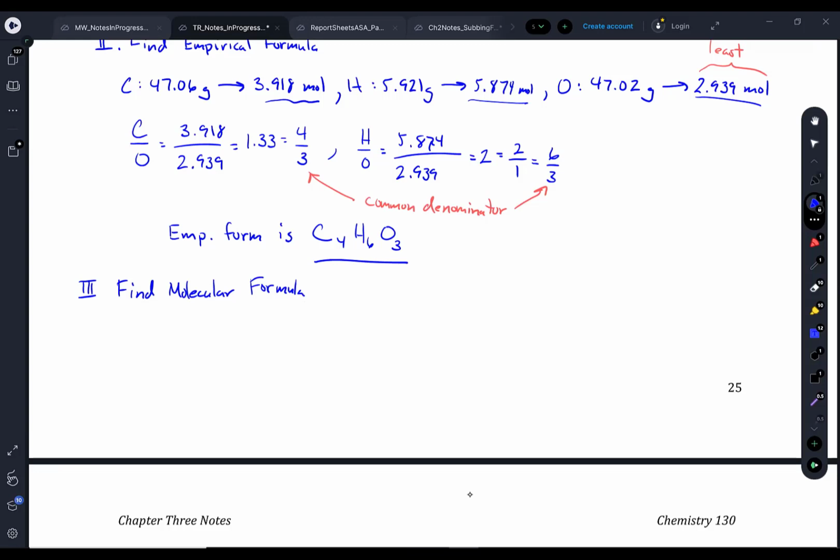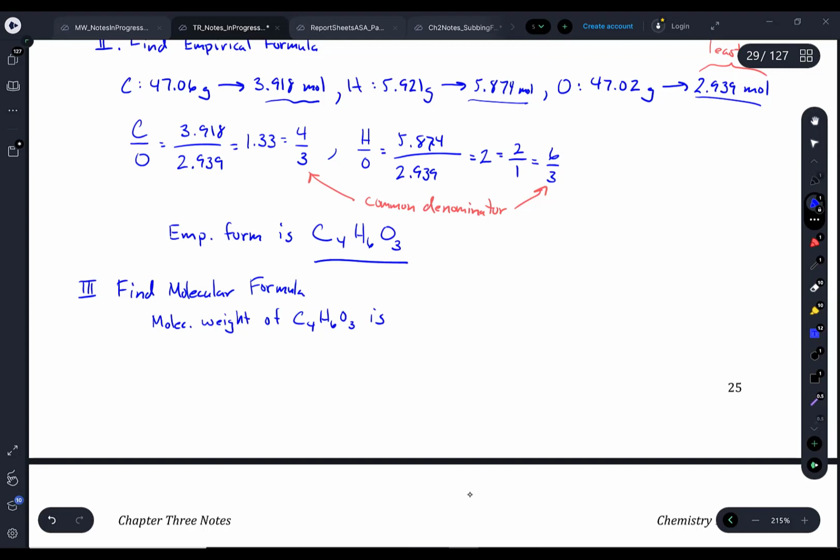So first we need the molecular weight of the empirical formula. So let's do that. So we've got 12.01 for carbon times 4 plus 1.008 for hydrogen times 6 plus 16 times 3 for oxygen, getting 102.09.